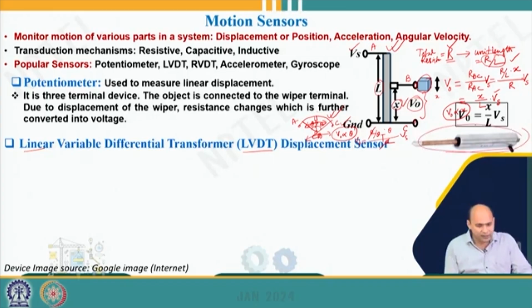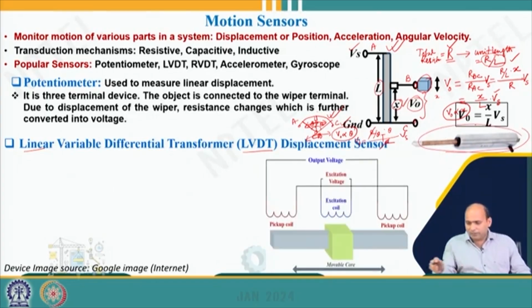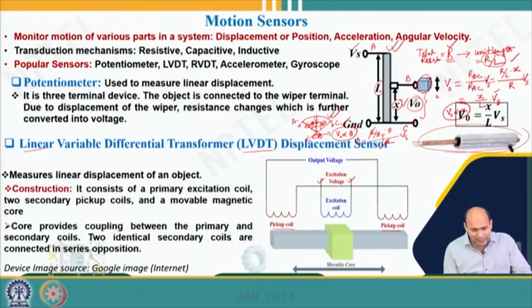Okay. Now let us go through what the typical construction of an LVDT looks like. It typically consists of one primary coil and two secondary coils. Normally in a transformer we have one primary coil and one secondary coil, but in the case of LVDT we have one primary excitation coil, that is this one, and here we have the two secondary coils.